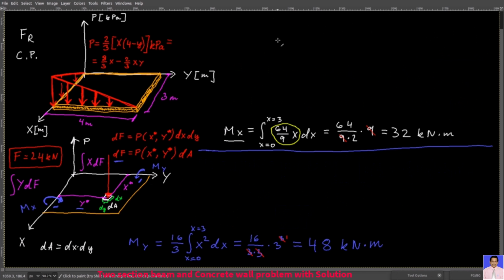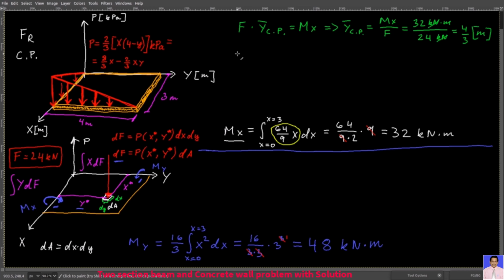And now, to find the center of pressure, you first have your total force, which is 24 kilonewtons. Then this is your center of pressure in the y direction. That gave you the moment about the x dimension. And so you can calculate your y bar Cp like this. You have 32 over 24. You cancel out the kilonewtons, and you will have 4 over 3 meters.